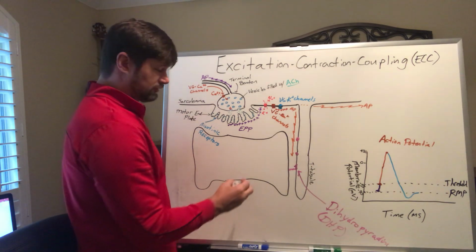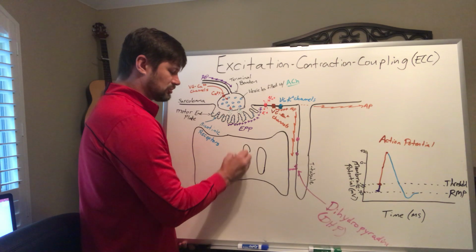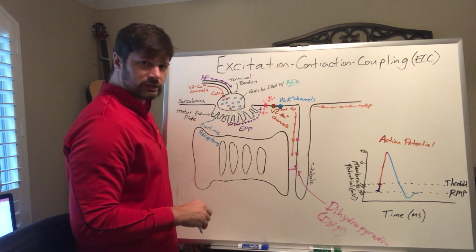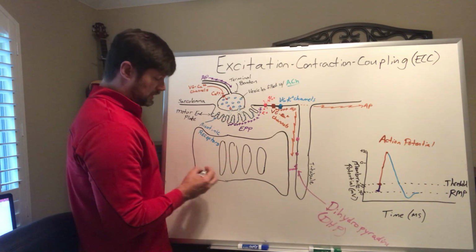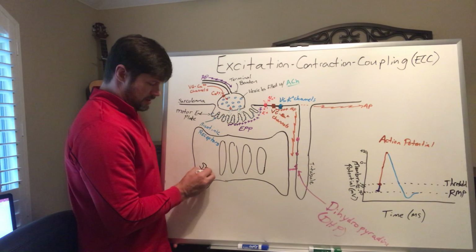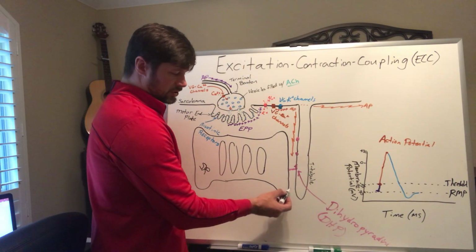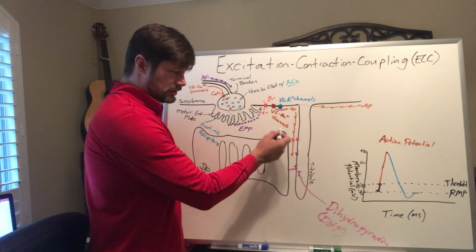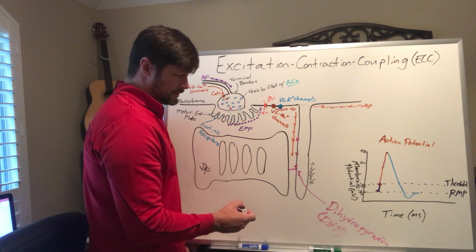I can't draw it for the life of me, so I kind of just draw a gigantic radiator drill. It just helps me because I'm not a very good artist. But this is the sarcoplasmic reticulum, the SR. And where the sarcoplasmic reticulum abuts the T-tubules, it's enlarged, and we call this the terminal cisterna.